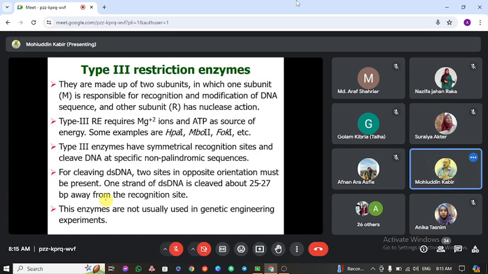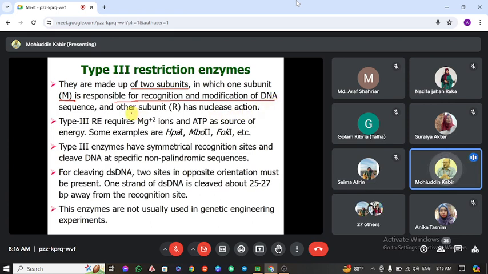Now, type 3 restriction enzymes. Type 3 is composed of two subunits, similar to type 2. Type 1 is composed of three subunits. One subunit is called the M subunit, responsible for recognition and modification of the DNA sequence.